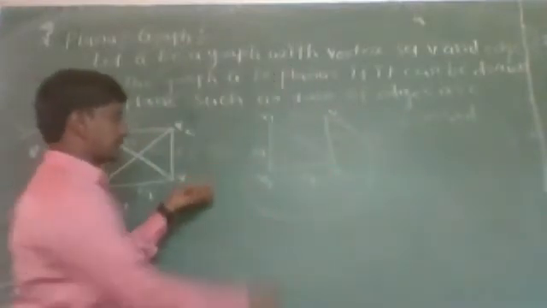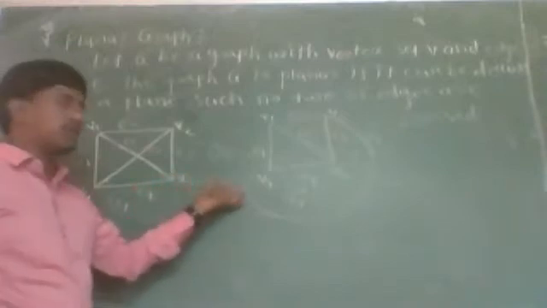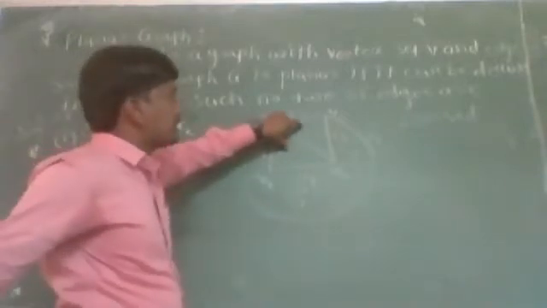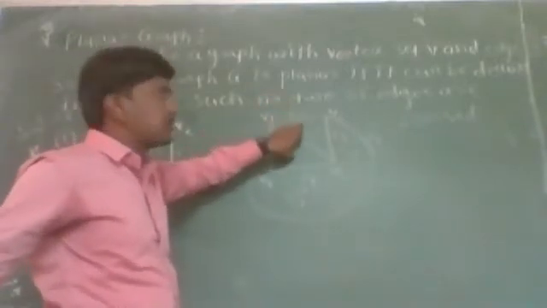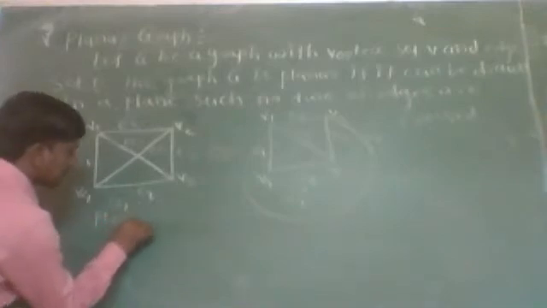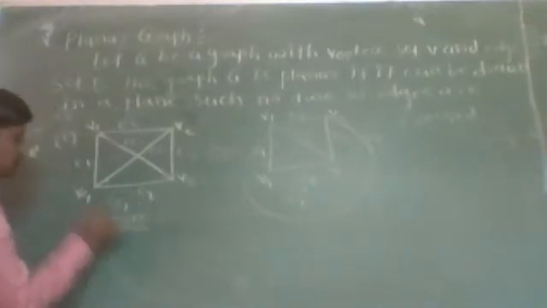And these two graphs are isomorphic, and we know that isomorphic graphs have the same nature, and here no two edges are crossed each other, so this graph is a planar graph. Hence graph G1 is a planar graph. Now the second example.